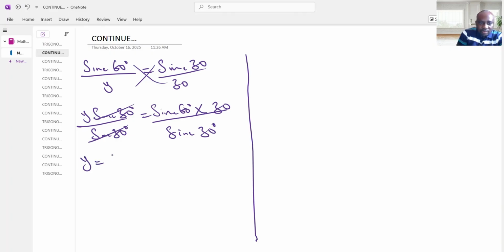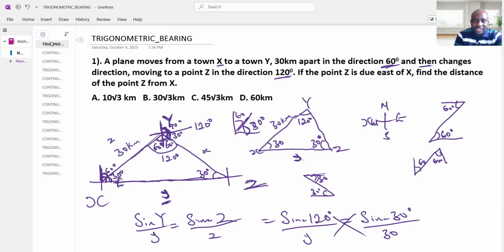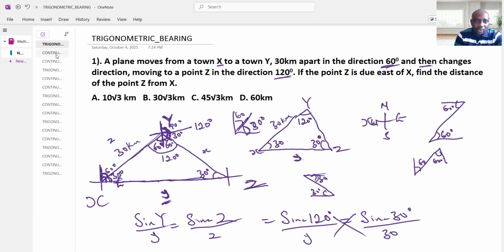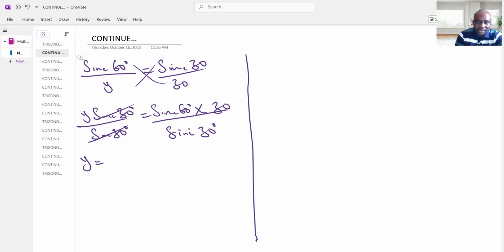What is our sine 60? Sine 60 in short form is the same thing, because if you look at your answer, you see that your answer is in short form, like root 3. Therefore, we are not going to convert this to a decimal of 0 point something by using the calculator. We are going to use the short form for our sine 60.